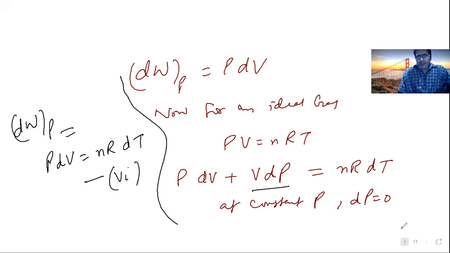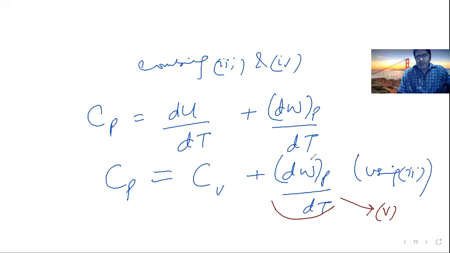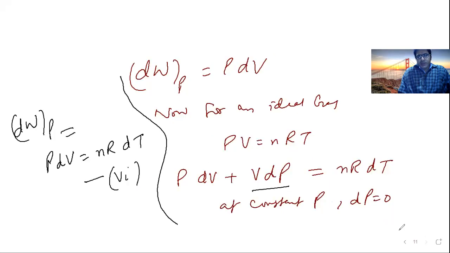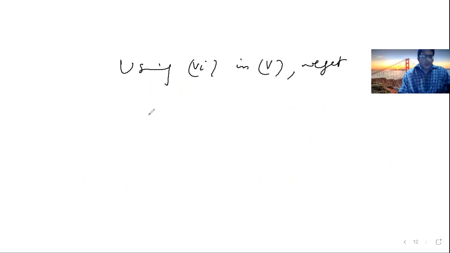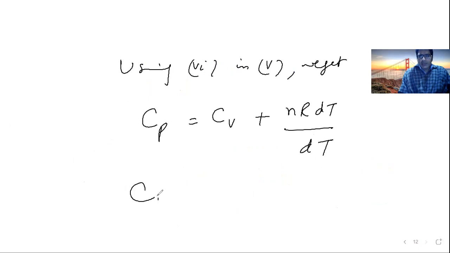So using 6 in 5th, I will replace this by nR dT. Using 6 in 5th, what do we get? First I have Cp, then I have Cv plus nR dT over dT. I will get Cp is equal to Cv plus nR.